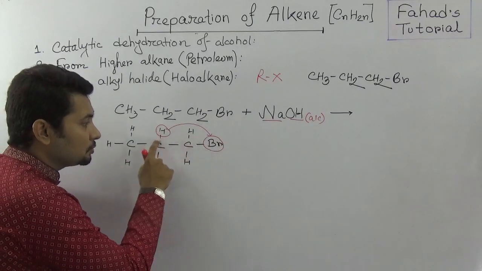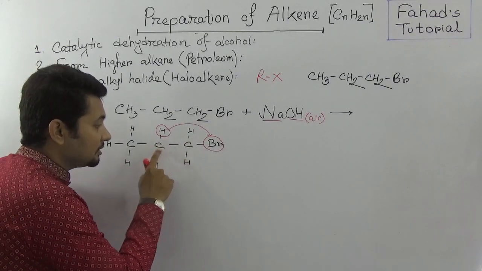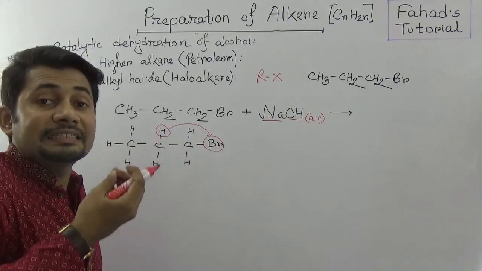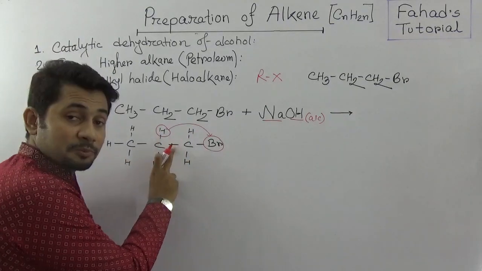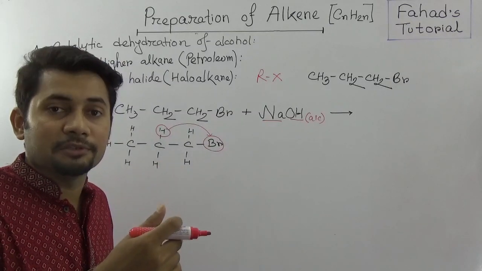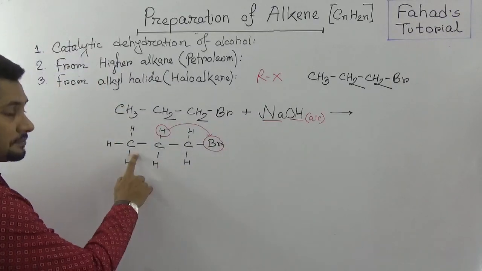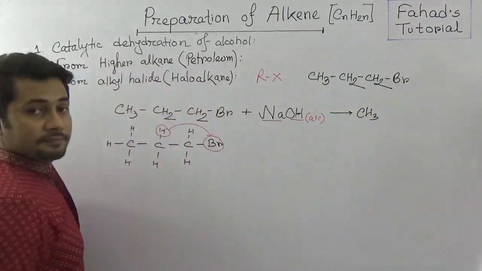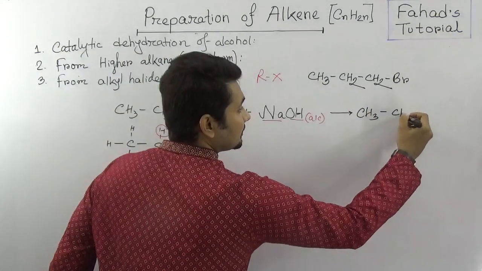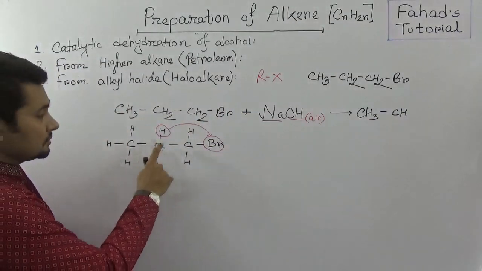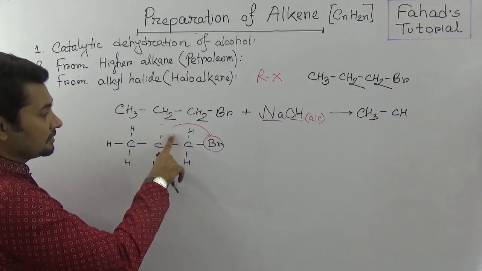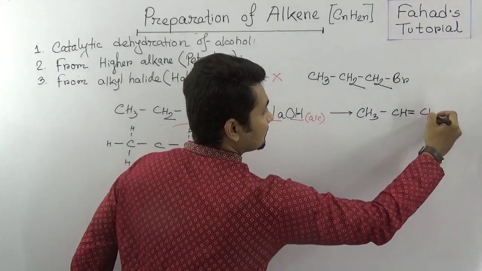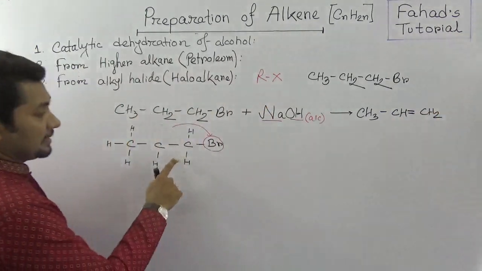And as both elements are removed from the corresponding 2 carbons, a single bond will produce a pi bond, and that is why it will produce CH3, CH, it was 2, so one hydrogen will be removed, so CH double bond CH2, alkene.